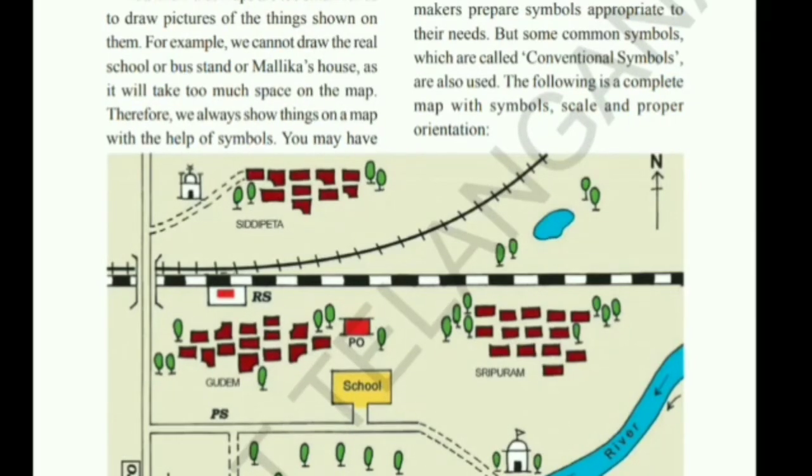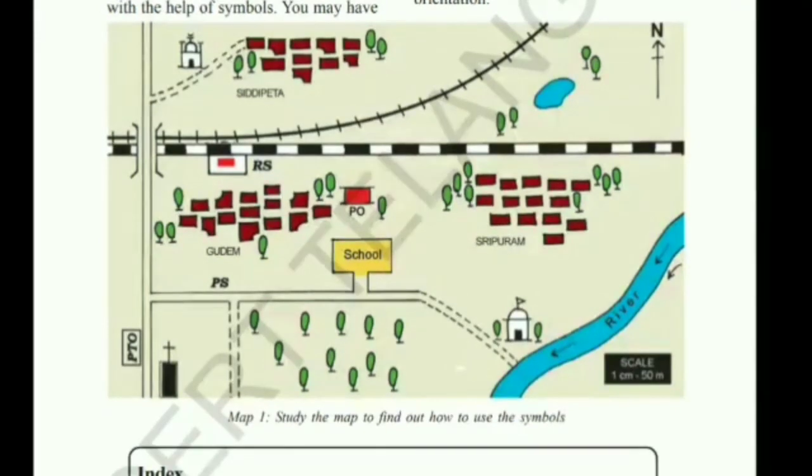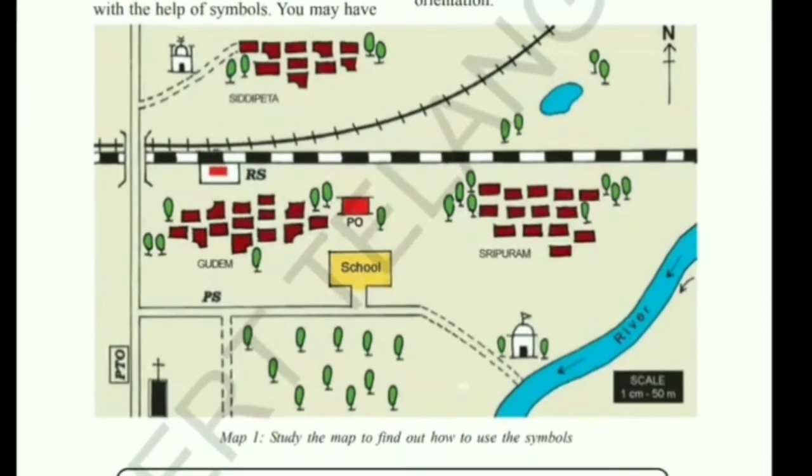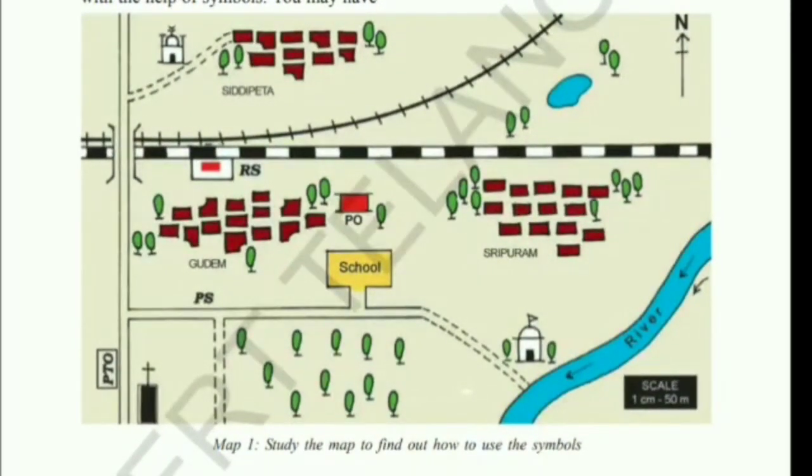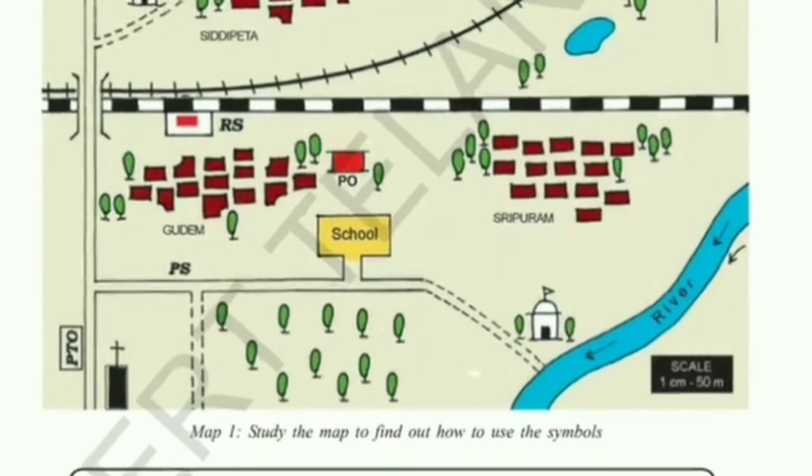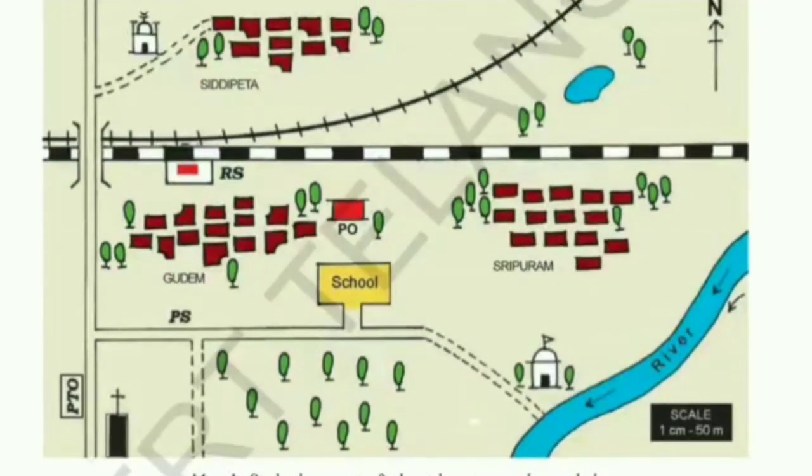The following is a complete map with symbols, scale and proper orientation. See here this image. Study the map to find out how to use the symbol. See here they gave in the corner of the map scale 1 centimeter equal to 50 meters. That is the scale.